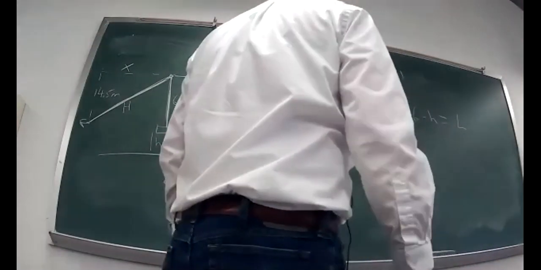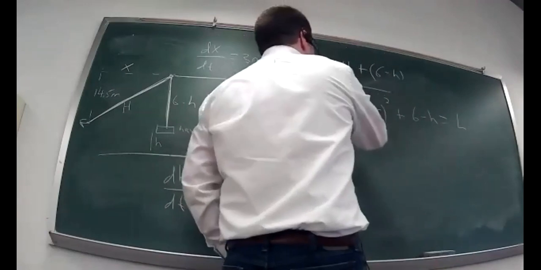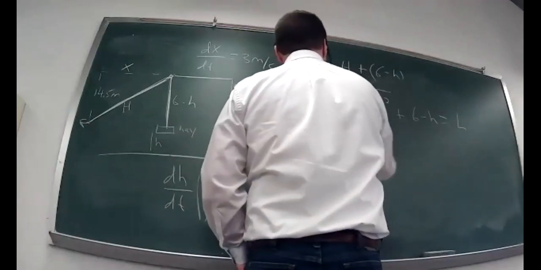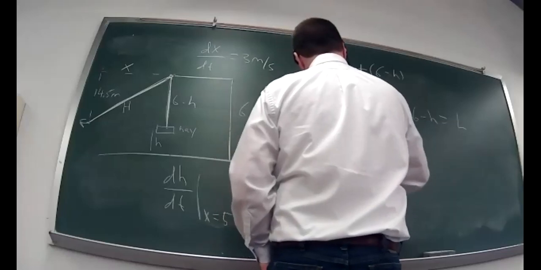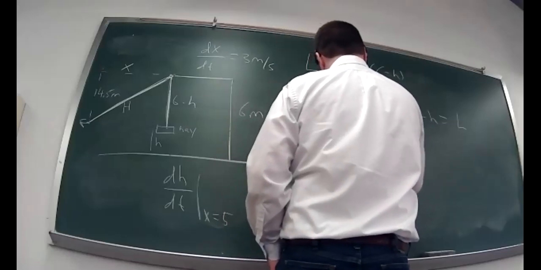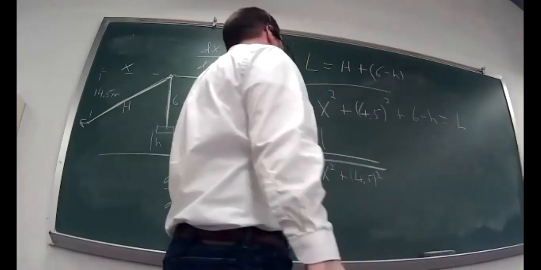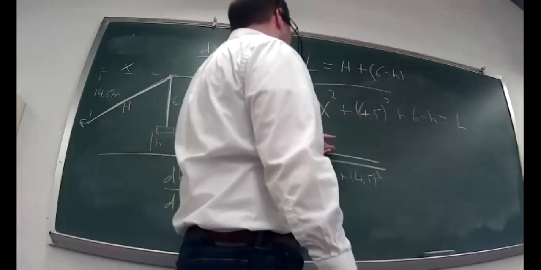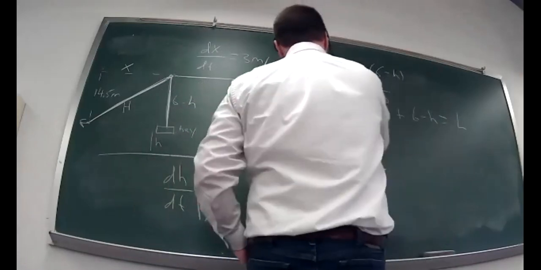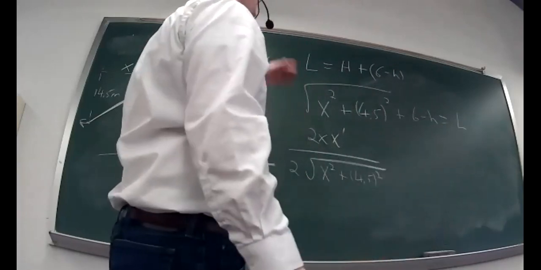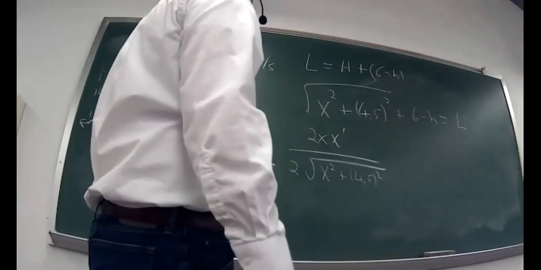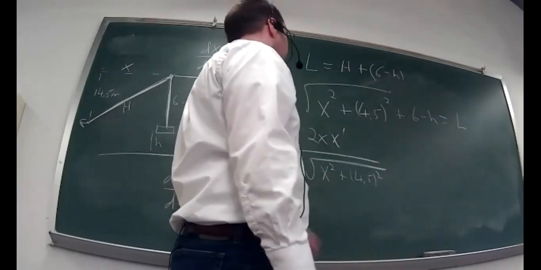Let me actually redo that. So taking this derivative with respect to time, just using the chain rule, it's 1 over 2 times x squared plus 4.5 squared. You see me doing that quickly, and then times the derivative of the inside function, which is 2x times x prime. You see me doing that quickly because I know the derivative of the square root of x is 1 over 2 root x.